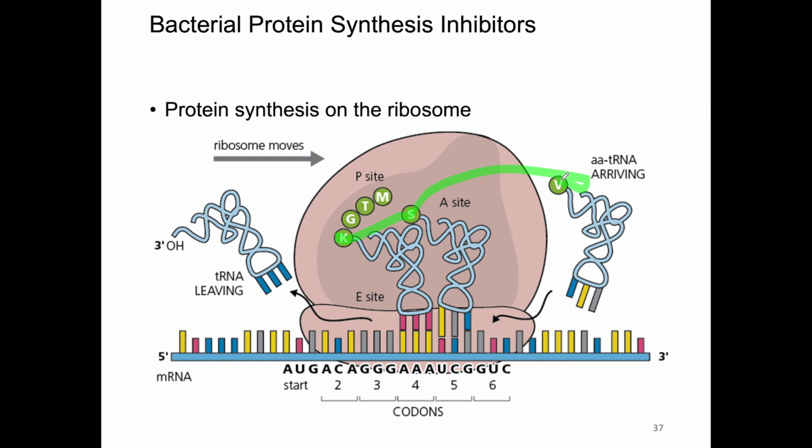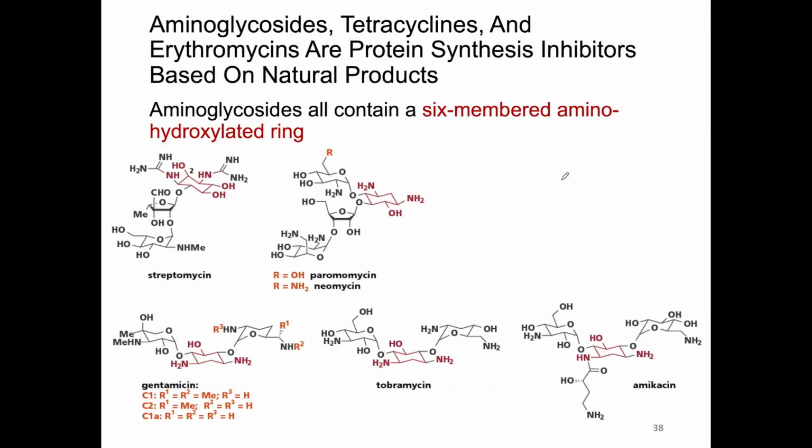So there are many drugs that target the ribosome. The ribosome is a very large, complicated structure of proteins and RNA molecules. Molecules that target it include aminoglycosides, tetracyclines, and macrolides. They're all natural products, and there are some synthetic or semi-synthetic derivatives thereof.